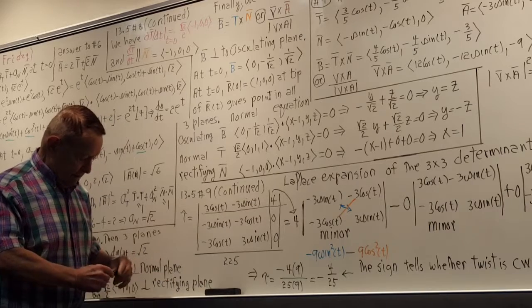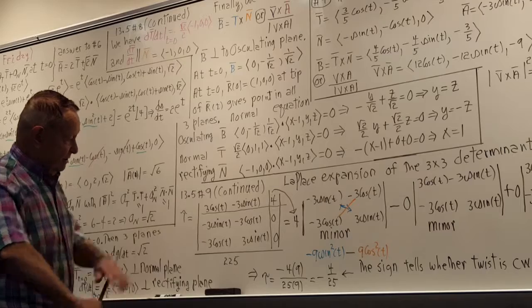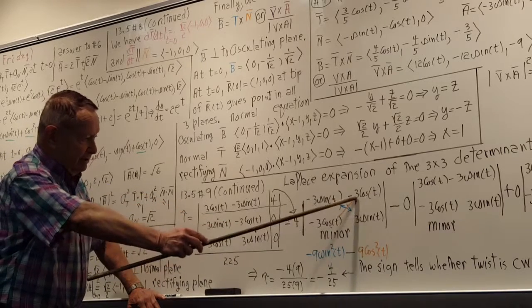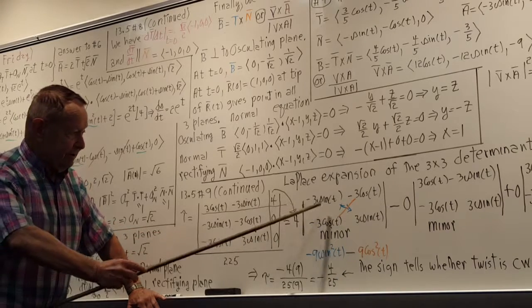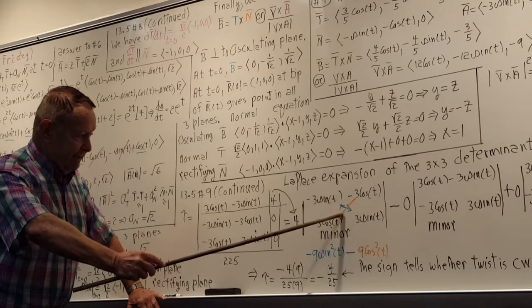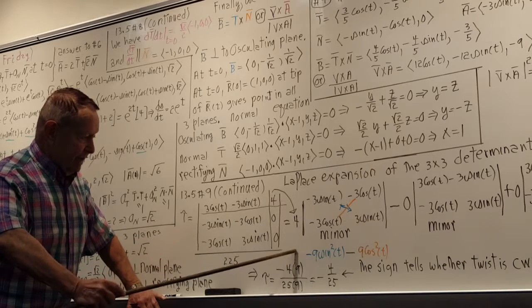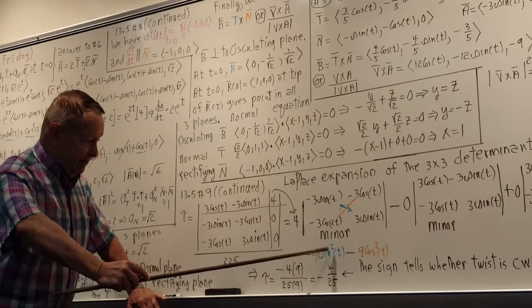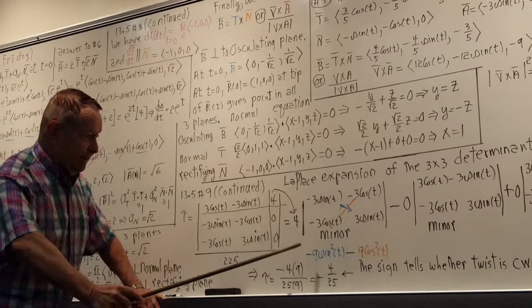And so your answer in this case will be the 4 times this minor, which you do as a 2 by 2 the way you've learned to do it. So this product minus this product. So you have 4 times the minus 9, which is a factor, then sine square plus cosine square is 1.